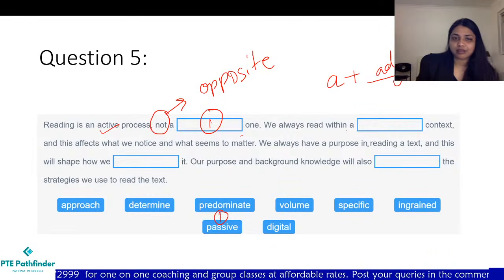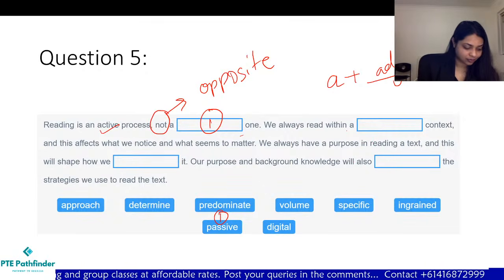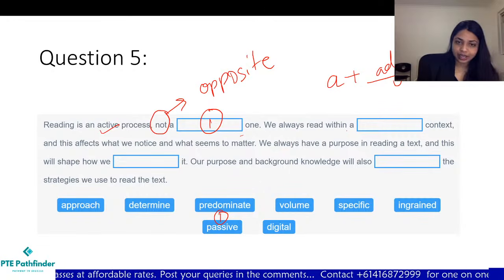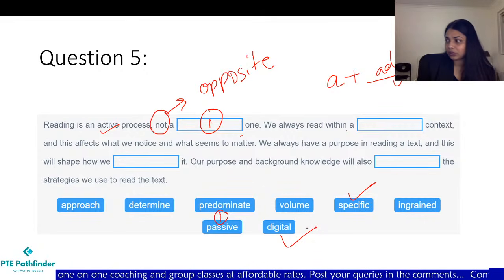Let's have a look at the answer options and find out which could be present in there. So if you look at the answer options, we have some adjectives within a specific context, within a digital context. Which one goes with the meaning?